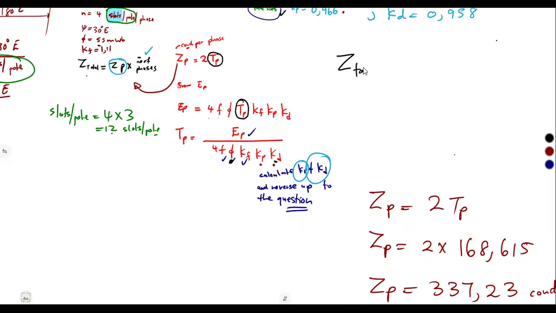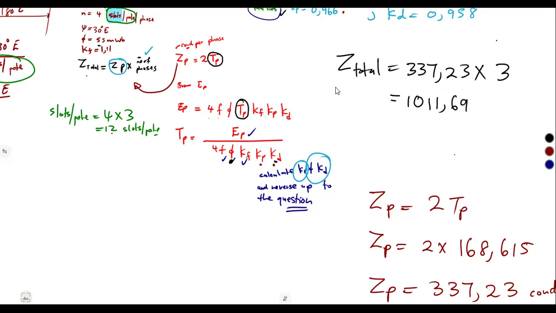So our Z total, you take your formula as it is. Our ZP is 337.23 times the number of phases. Remember, we are dealing with a three phase. You write the formula, then you substitute your values. That gives us 1011.69.